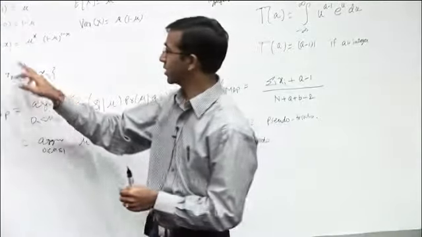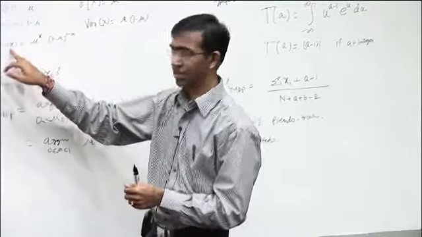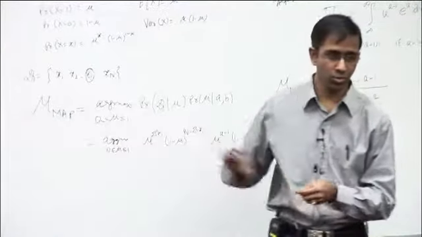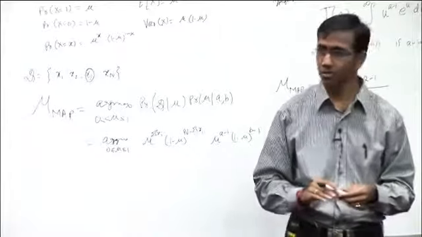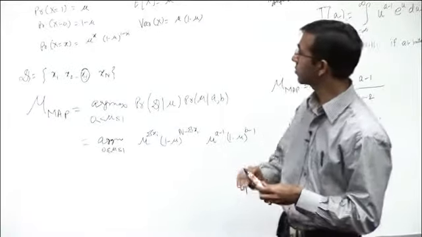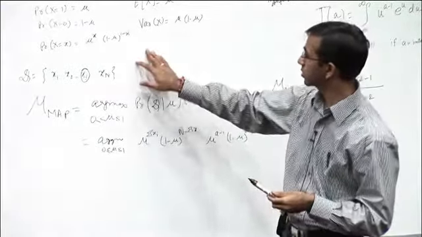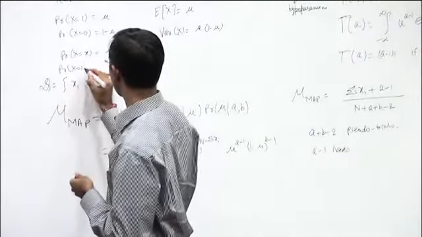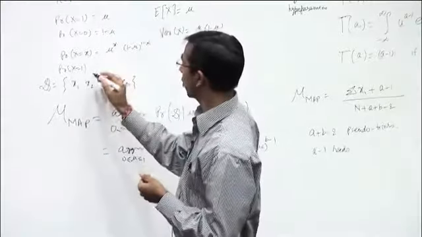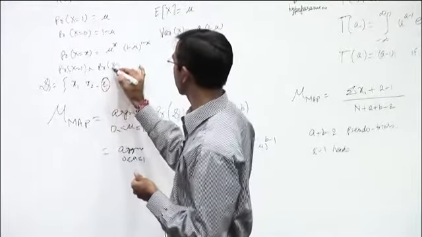So probability of x equal to xi essentially means the probability of x being 1, or the probability of x being 0.